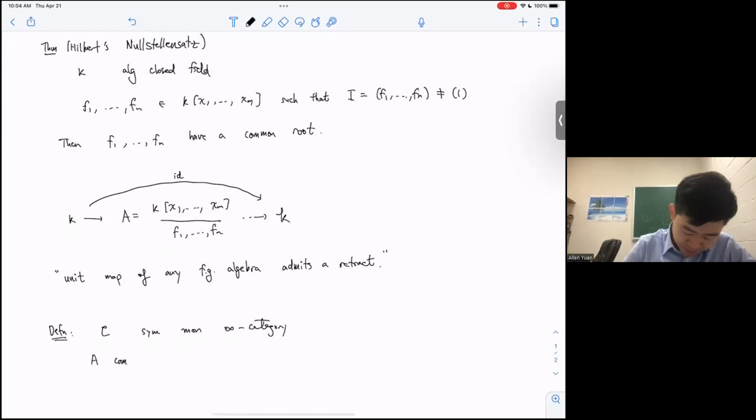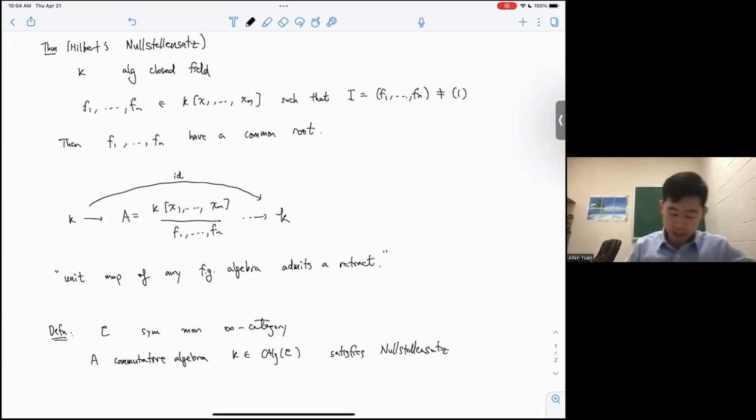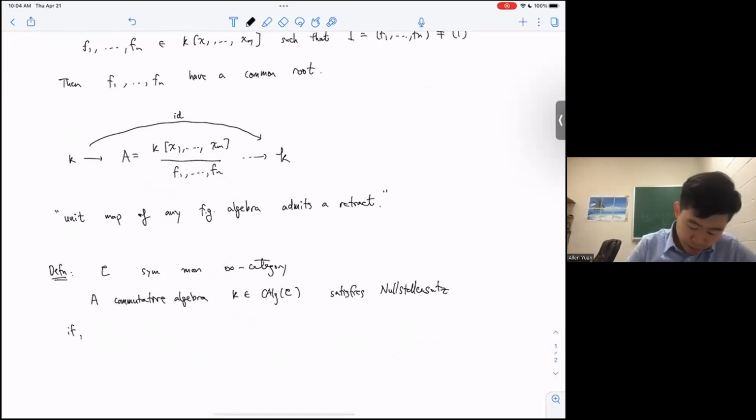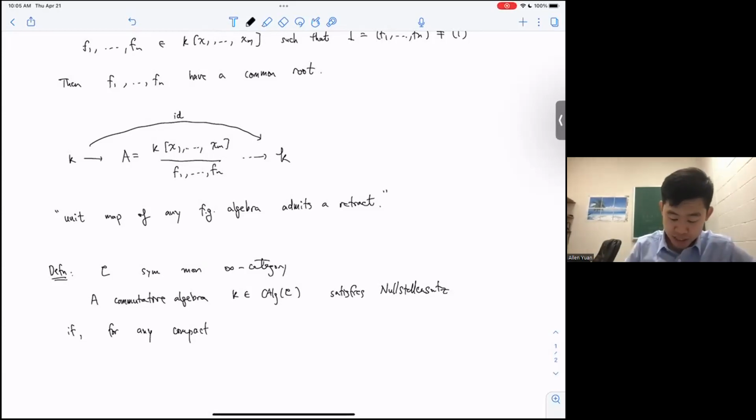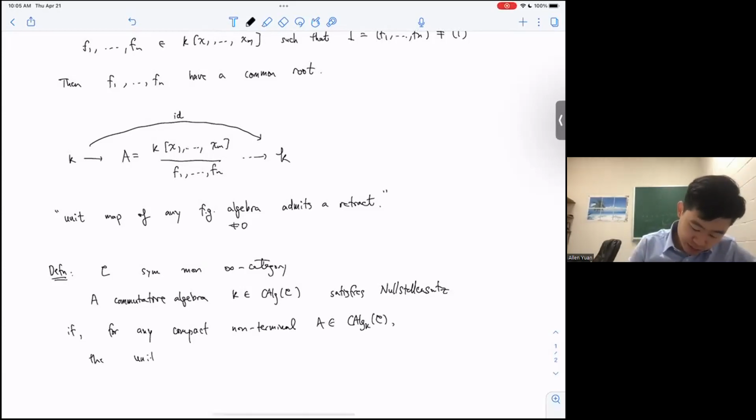So a commutative algebra, which we'll suggestively call K, in the category C, satisfies Null-Stellensatz if for any compact and non-terminal, so compact is like finitely generated, and non-terminal is non-zero, so for any compact non-terminal commutative algebra A over K, the unit map of that algebra admits a retract.